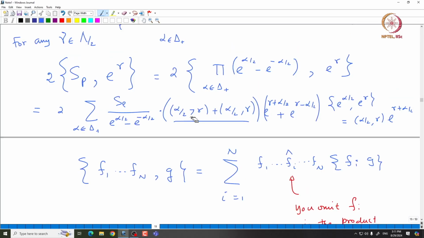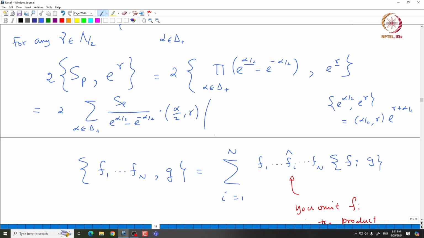So, only one term will come out. This is going to be just alpha by 2 comma gamma, because this one gives gamma comma alpha by 2, and that one also gives minus alpha by 2 comma gamma, this minus and that minus will get cancelled. So, then times e power gamma plus alpha by 2 and then plus e power gamma minus alpha by 2 comes.